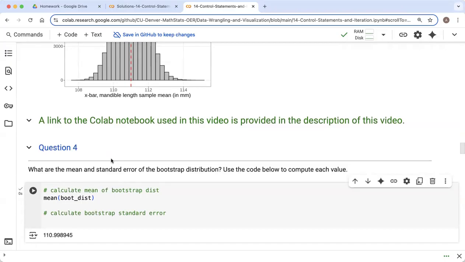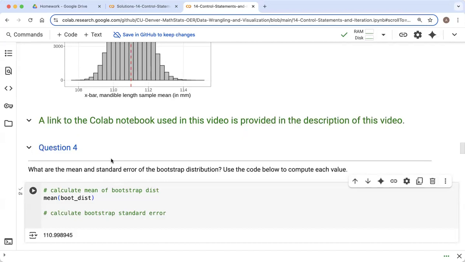This is consistent with the result that when you have an actual sampling distribution for a mean, the center of that sampling distribution typically is equal to the population mean. So here, the mean of the bootstrap distribution is essentially going to equal, or at least be close to, the mean of our original sample.